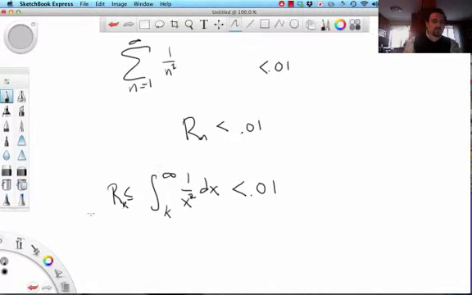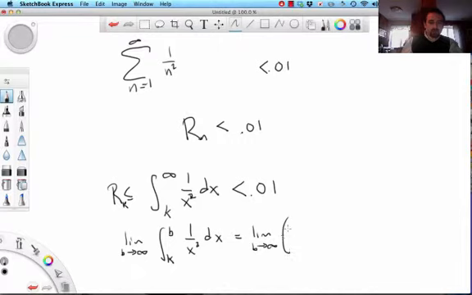It's the limit as b goes to infinity of the integral from k to b of 1 over x squared dx, which is the limit as b goes to infinity of negative 1 over x from k to b.